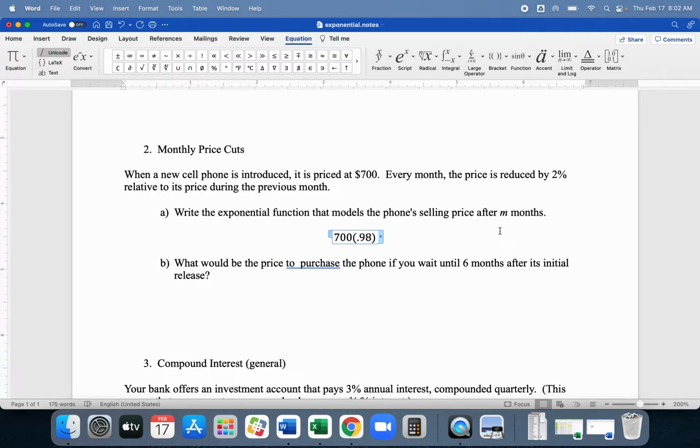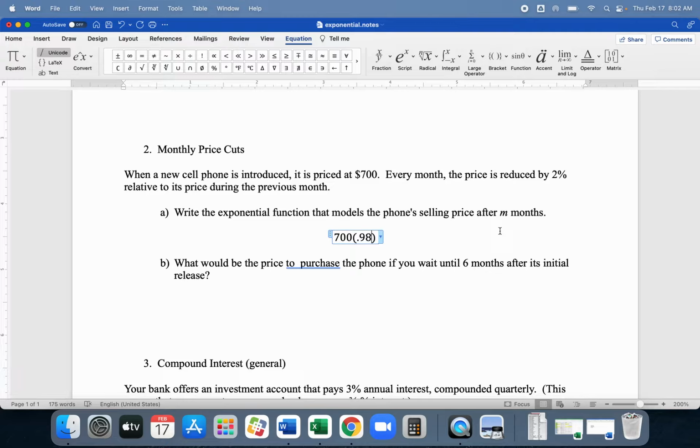So just like in the previous question we were talking about with the cell phone values, it was a 30% price or value decrease per year, and we multiplied by 0.7. So 0.7 is what remains, 30%, 0.3 is what was gone. Here, 2% is gone after a month, so that means I'm keeping 98% from 1 month to the next.